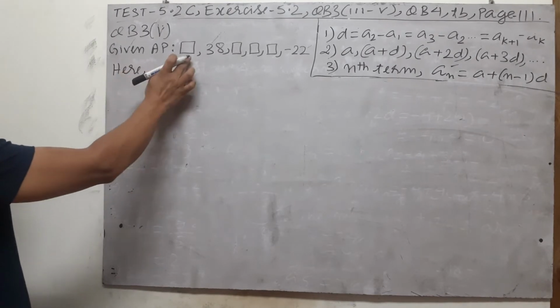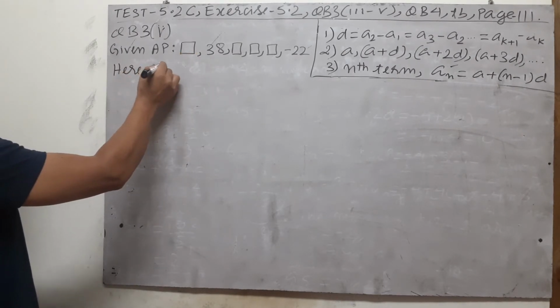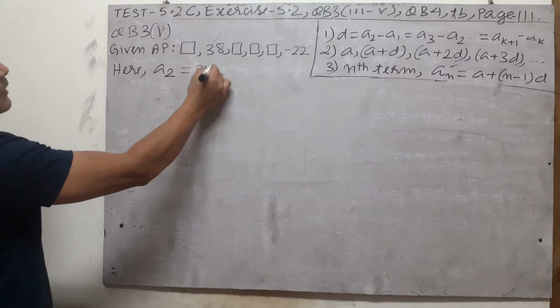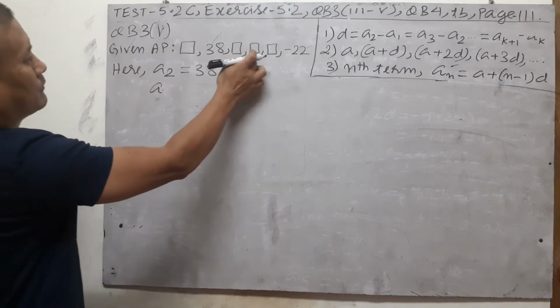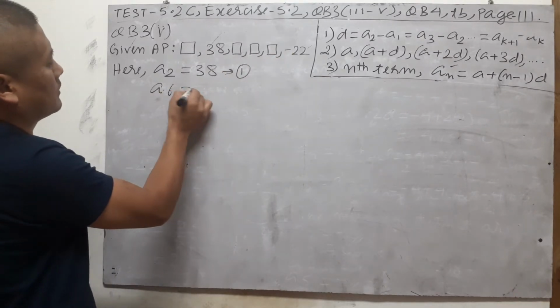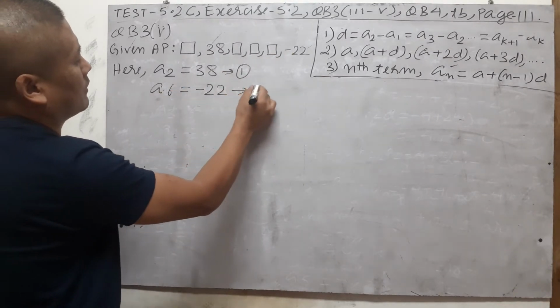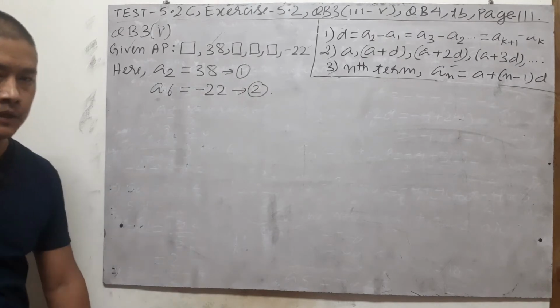So next here, given A2 is 38, let's put this one as equation 1. 2, 3, 4, 5, 6. So A6 is minus 22, equation 2. Okay.